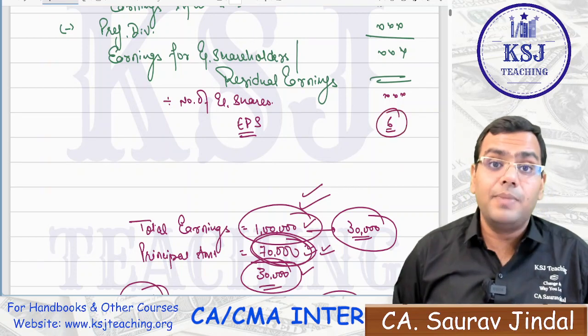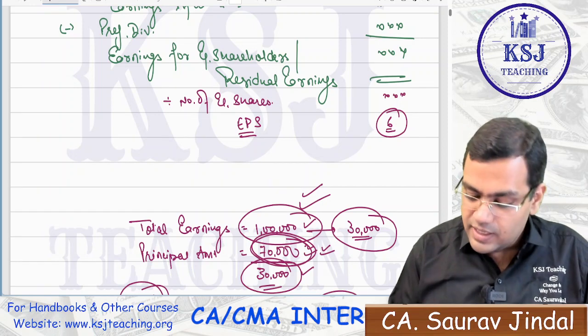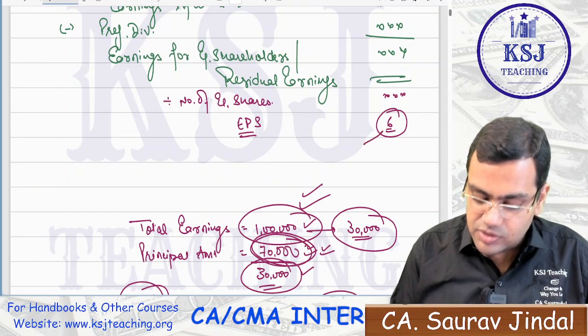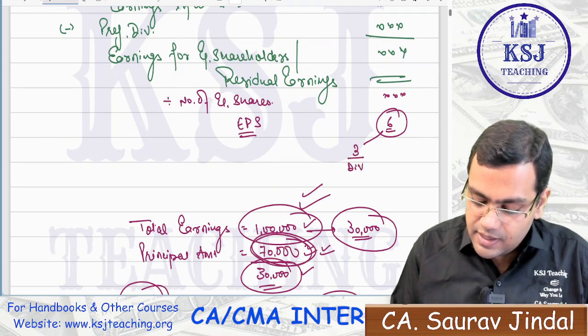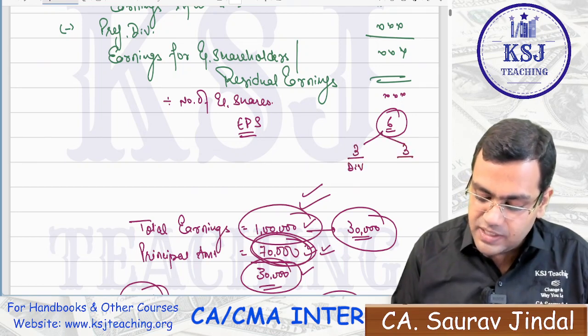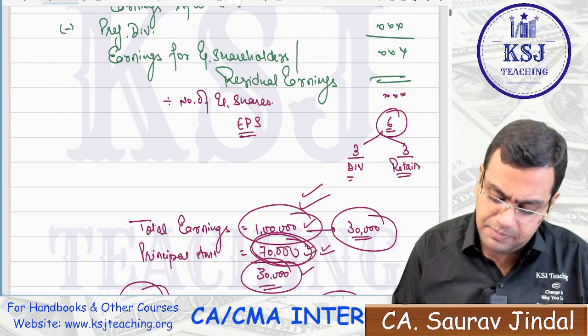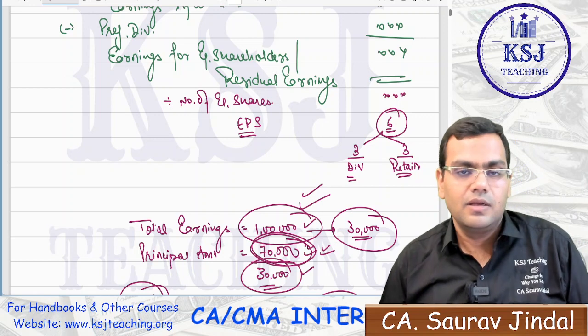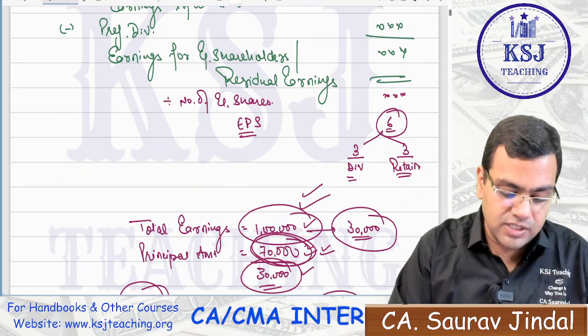It is the company's choice whether to pay this 6 rupees to the equity shareholders or not. Out of this 6 rupees, it is quite possible that the company says we'll pay 3 rupees as dividend, and the remaining 3 rupees we will retain in the business because we want to do some expansion, sir. We will retain and reinvest in the business.